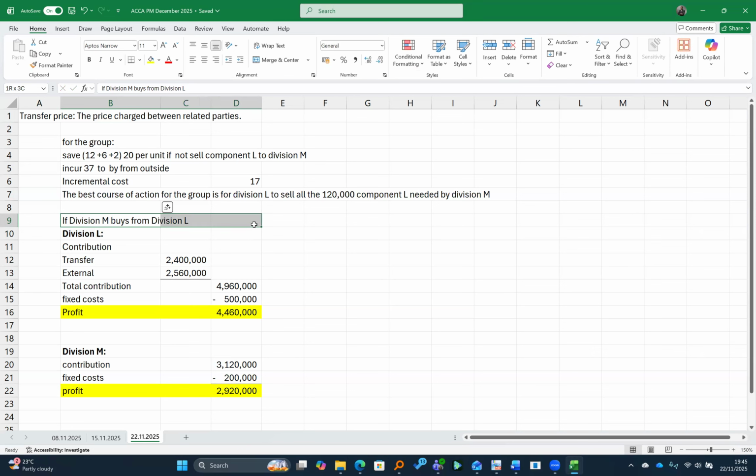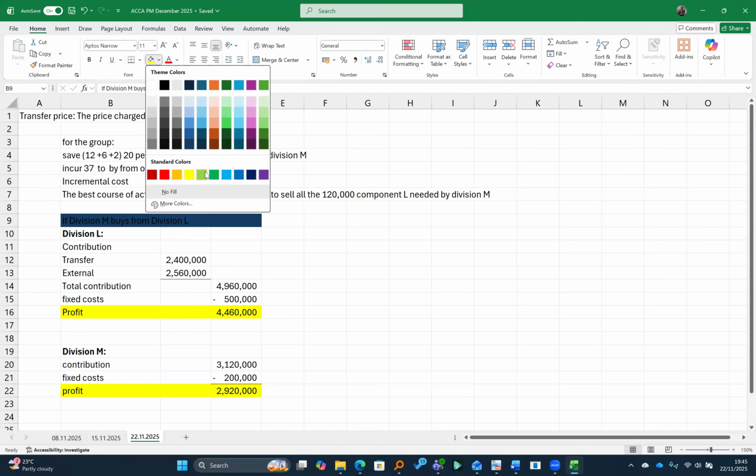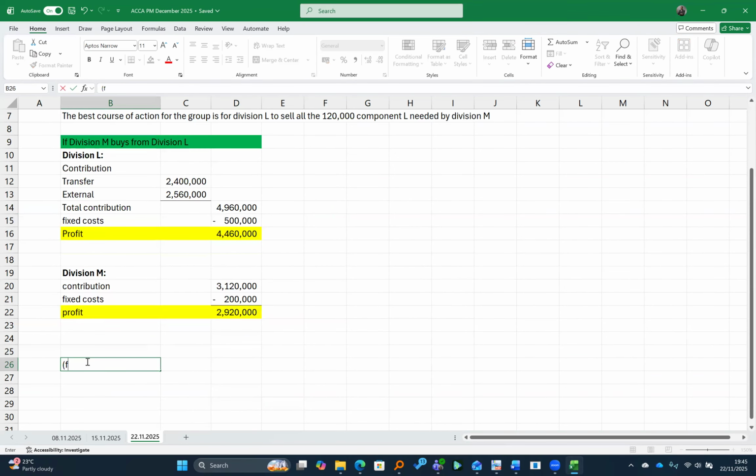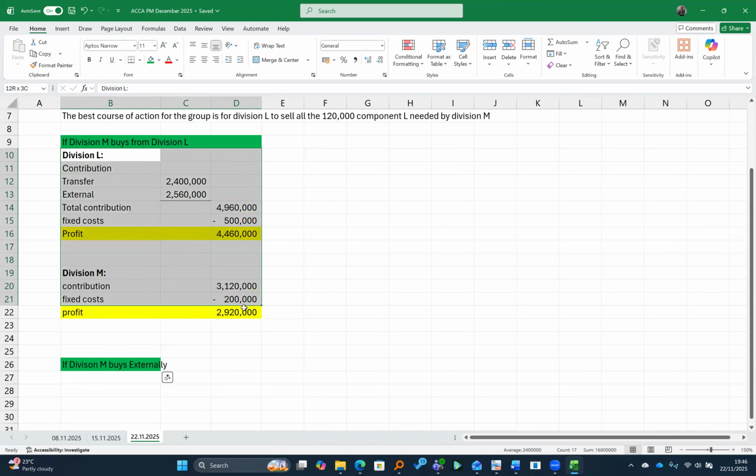Now I want us to do this again, but if division M were to buy externally. So if division M buys externally, I'm going to just copy all of this because we are going to just edit this and that.